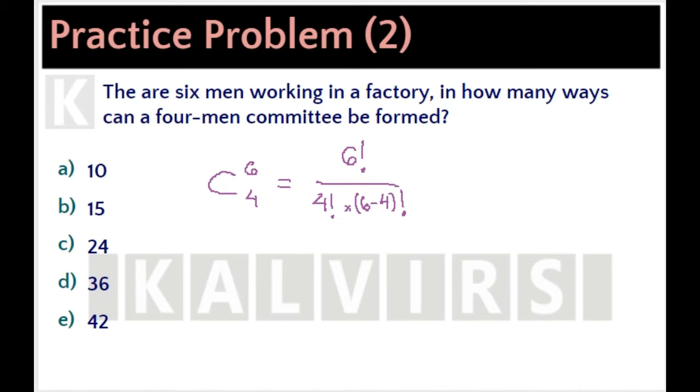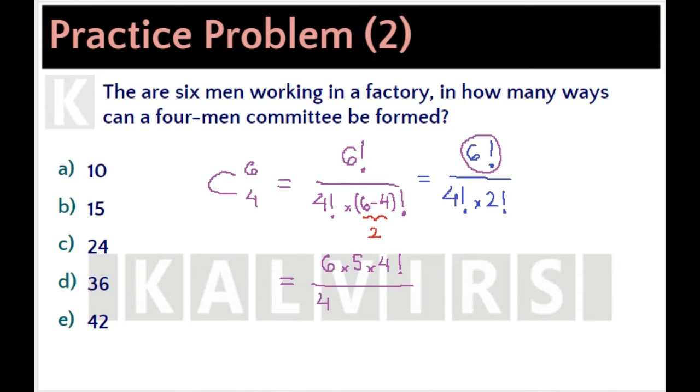First of all, we need to solve this one, which is 2, and we get 6 factorial over 4 factorial times 2 factorial. 6 factorial is the same as 6 times 5 times 4 factorial over 4 factorial times 2 factorial, which is 2 times 1, which is 2 at the end.